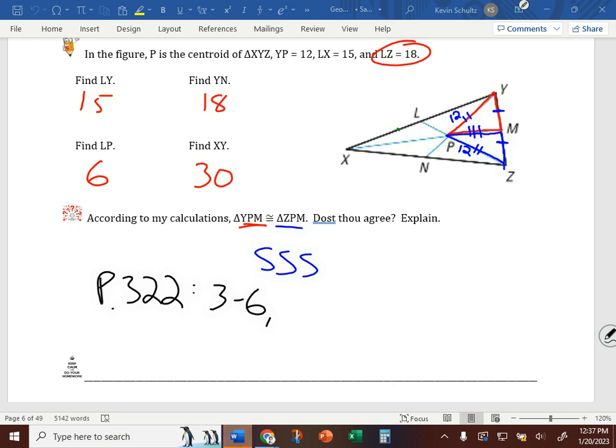Then let's do page 2, 33 to 35. And on page 325, 3 through 5.